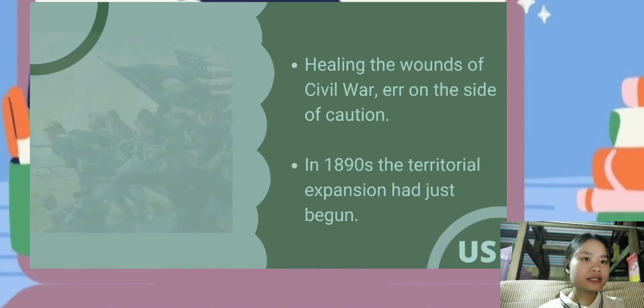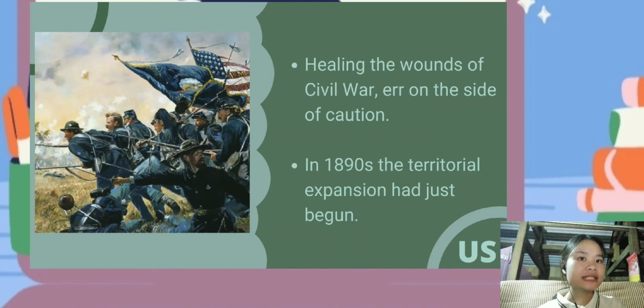In big contrast, at the beginning of the 19th century, unlike the proud and powerful England, America was much more timid, because at that time the United States had just escaped the yoke of British domination in 1789 and went through the Civil War of 1865, so it was still healing the wounds left by the war.